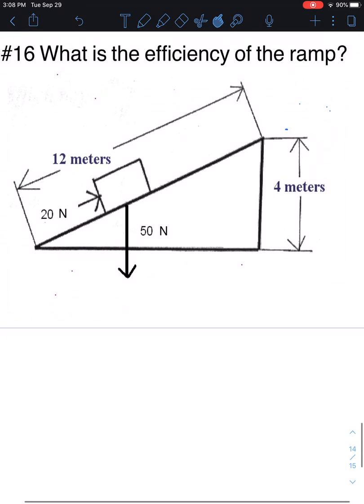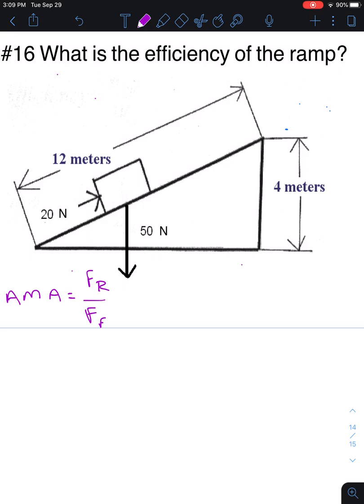Here's question number 16. Let's take a quick look at it. AMA equals force of resistance divided by force of effort. It's always going to be forces, and it's always going to be resistance on the top and effort on the bottom.